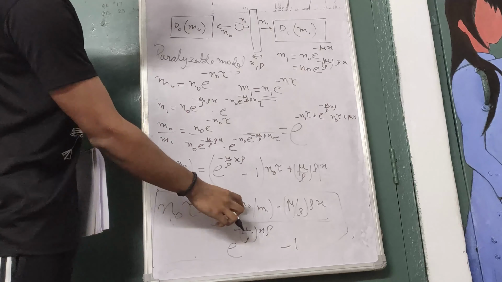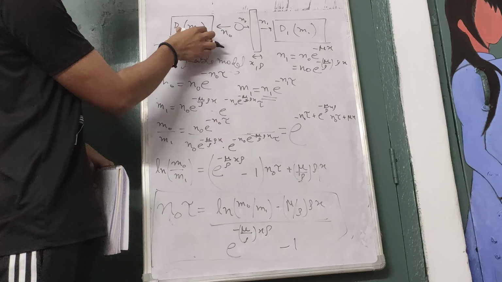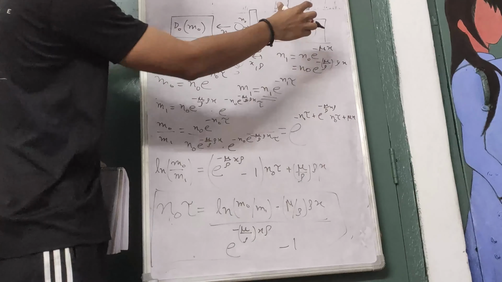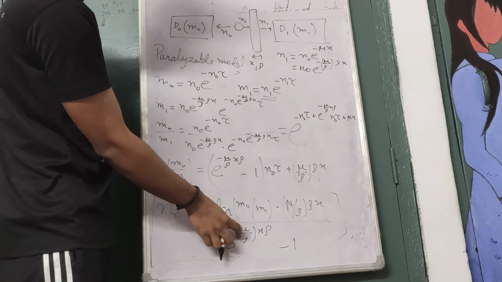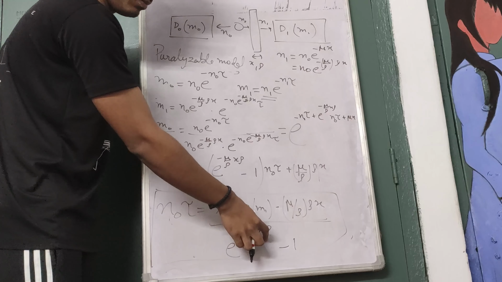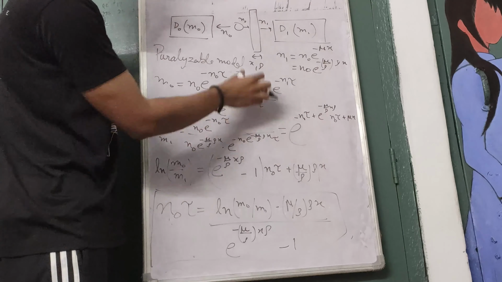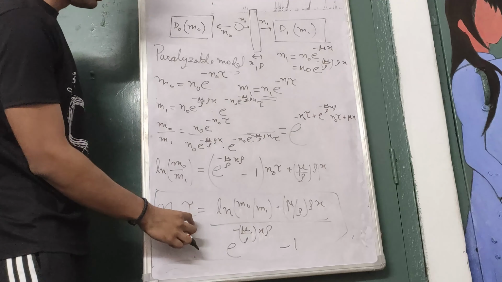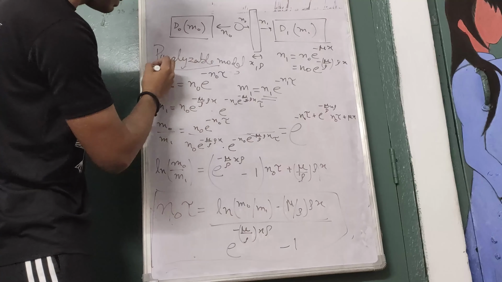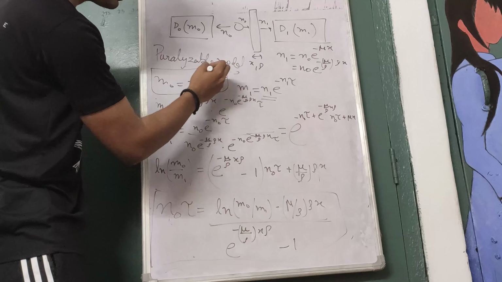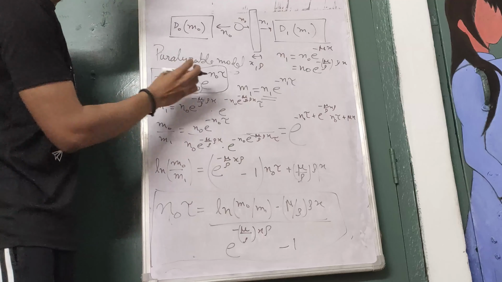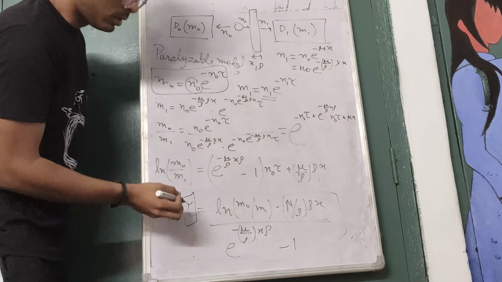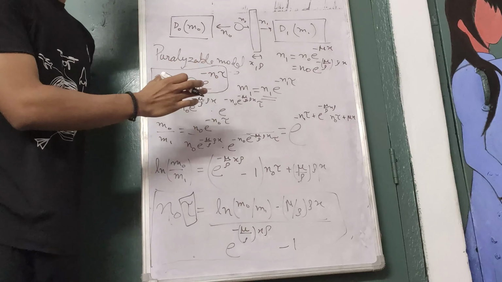From this, as we know, M0 is counted by D0, M1 is counted by D1, and the mass attenuation constant, density, and thickness are known for this absorber. From this, we can find the value of N0 tau, and by using the value of N0 tau in this equation, we can find the value of N0, and again by using this N0, we can find the value of tau, and this tau is the paralyzable model dead time.